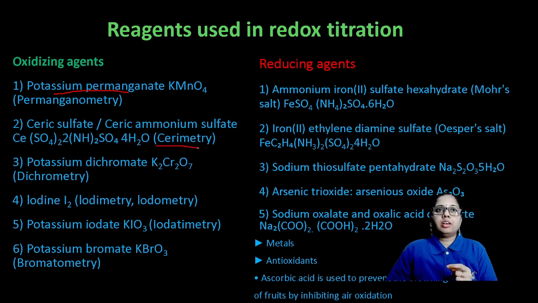If you use potassium dichromate, it is called dichrometry. So these are the names of different titrations based on the oxidizing agent or titrant we use: permanganometry, cerometry, dichrometry, iodimetry and iodometry. If you use iodine solution, there are two types: iodimetry and iodometry.